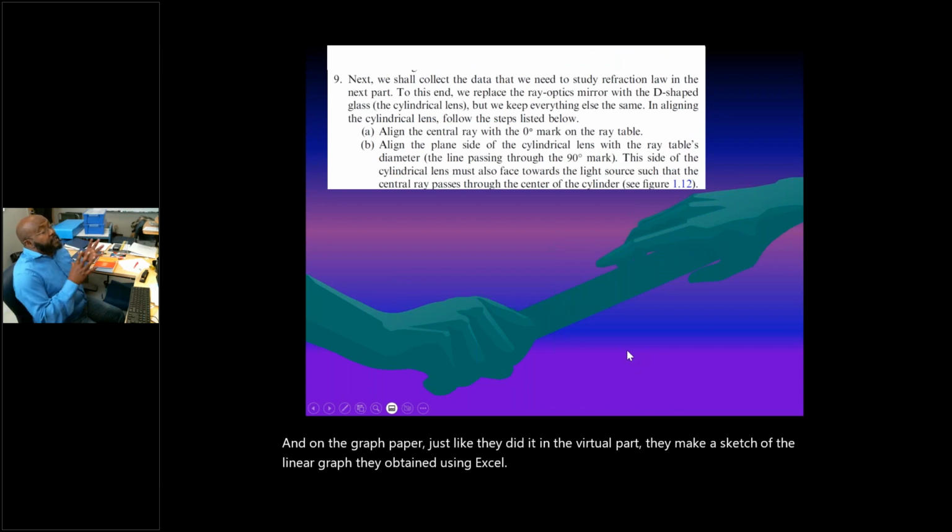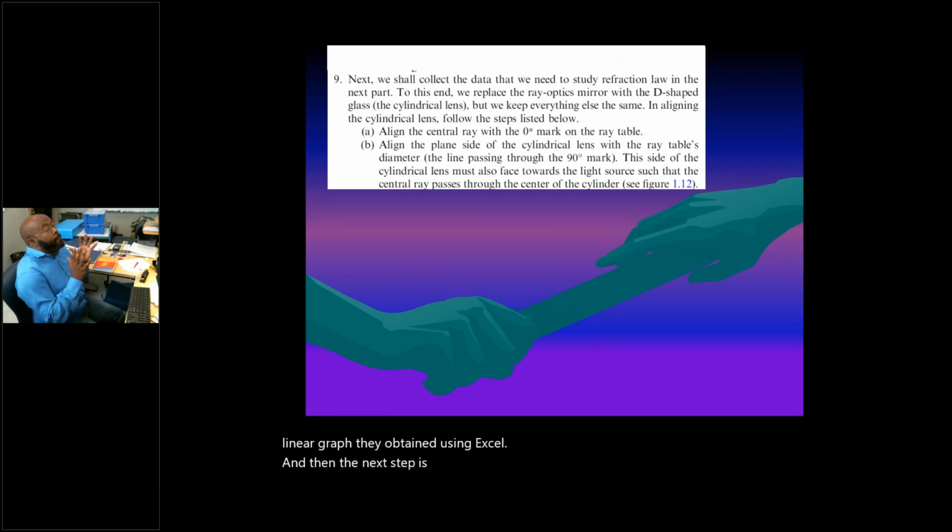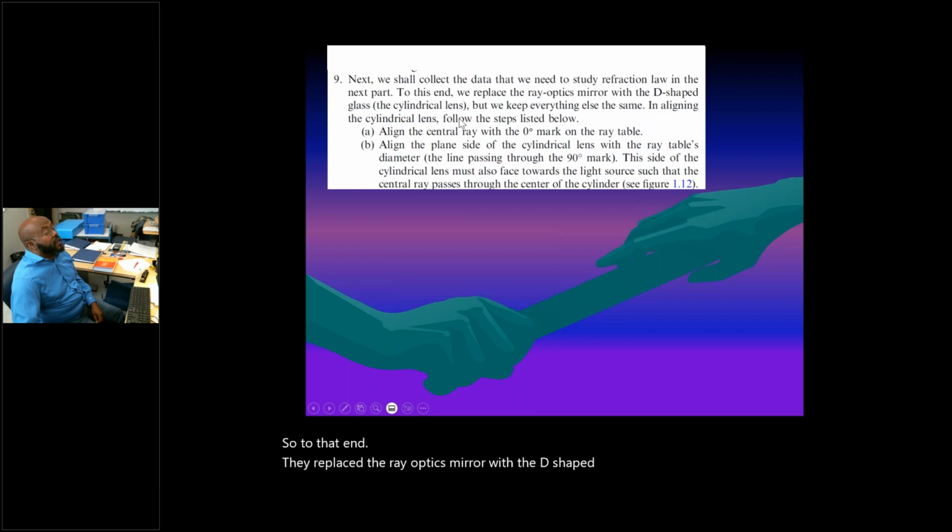And then the next step is to analyze the data that they collected to study the law of refraction. To that end, they replaced the ray optics mirror with the D-shaped glass, but they keep everything else the same.